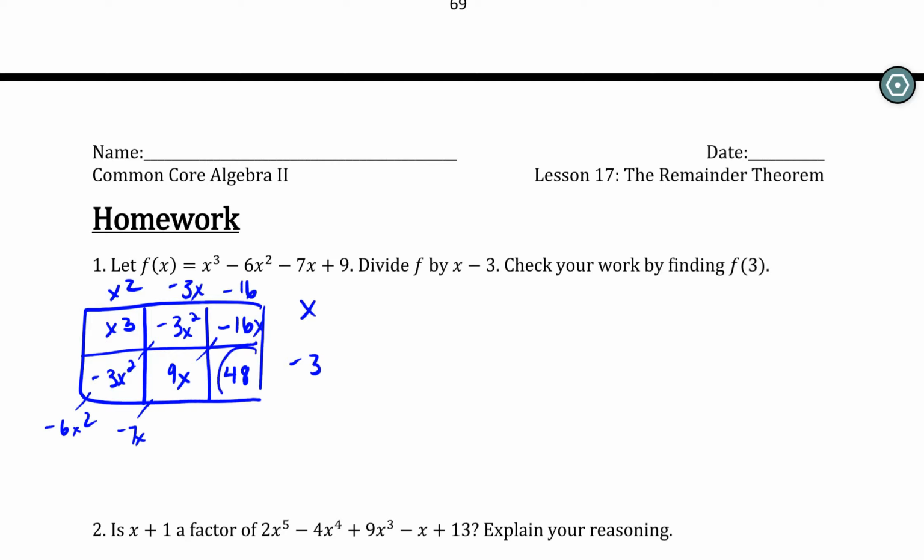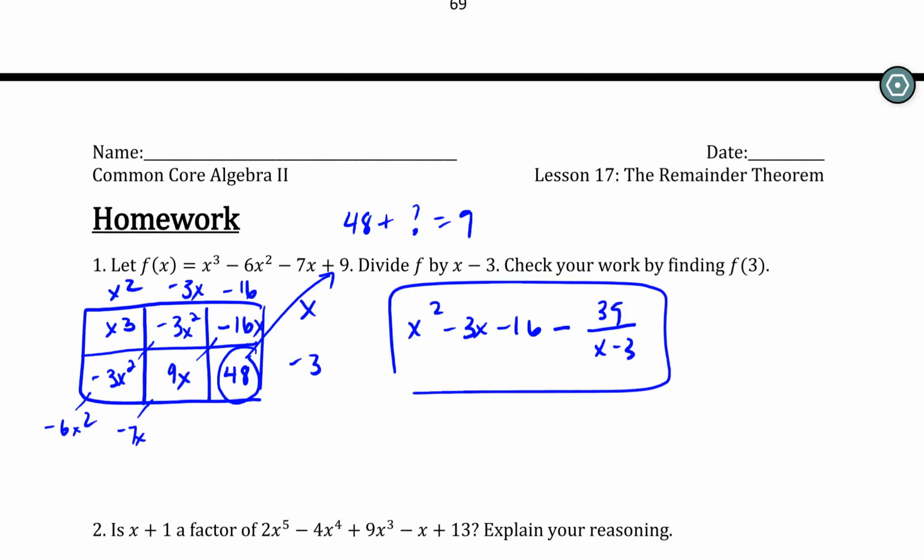Remember, it's what do you have to add to 48 to make 9? So it's saying like 48 plus what makes 9? Well, that's going to be us working backwards again, so it's going to be subtraction. So the answer to this is going to be x squared minus 3x minus 16 minus the remainder divided by x minus 3. And the remainder is going to be 39.